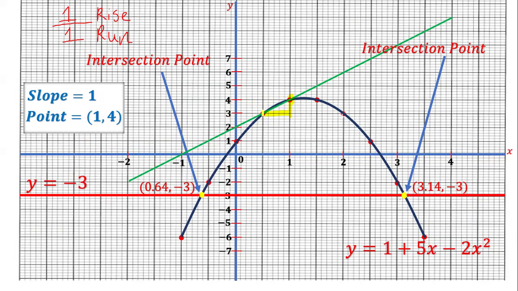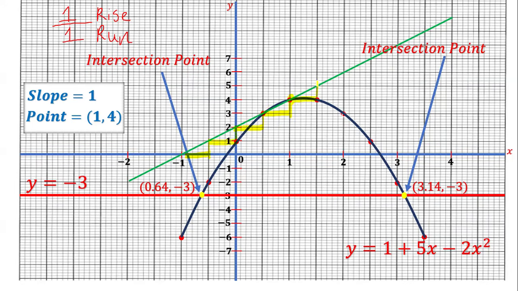And this is another point. And we're going to go down 1. We're going to go to the left 1. That's another point. Then we go down 1, we go to the left 1. Similarly, we go to the right 1.